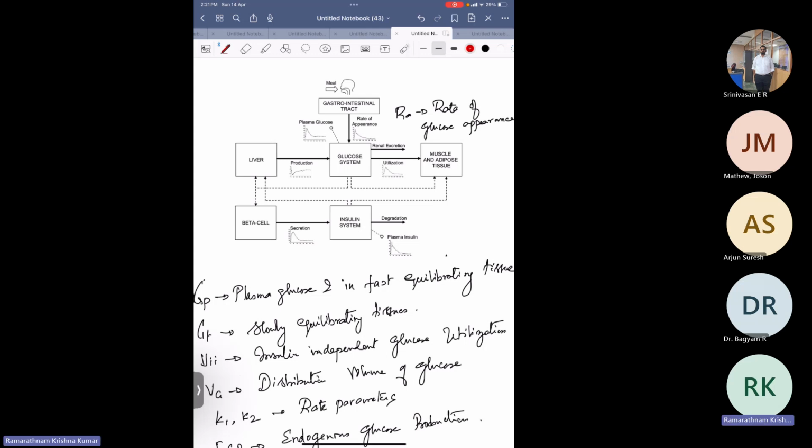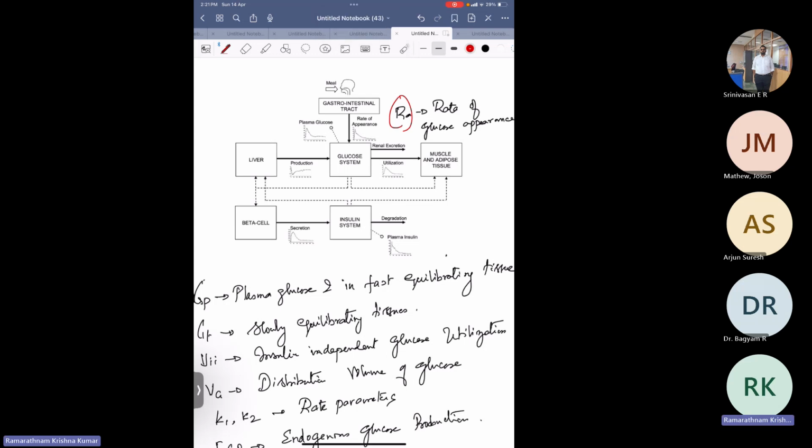Let's talk about OGTT. Then there is the gastrointestinal tract through which this meal goes, and we have what is called glucose appearance, RA. So that is the glucose appearance.